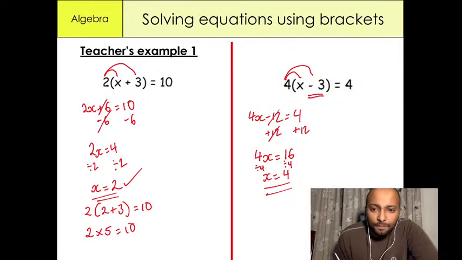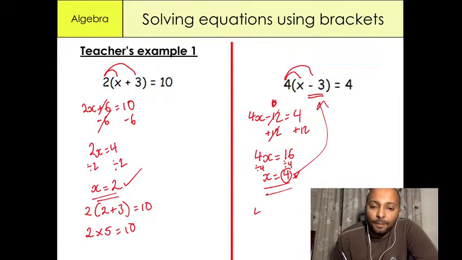So minus 12 plus 12 cancels out, equals 0. 4 plus 12 is 16, so 4x equals 16. And then what do you need to multiply 4 by to give us 16? 4.